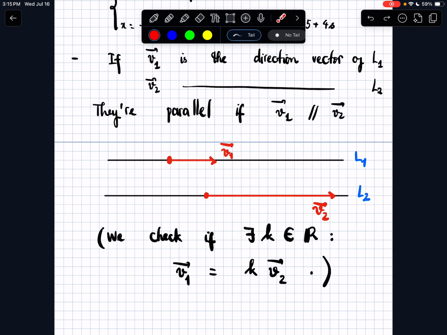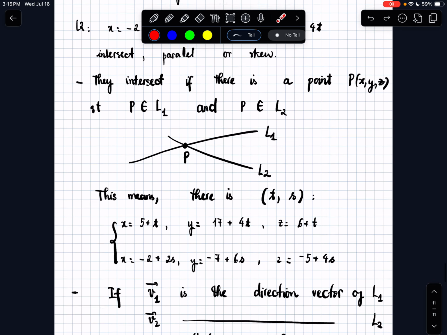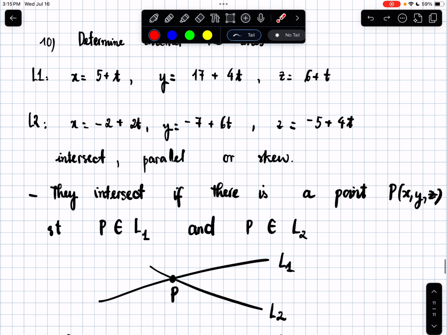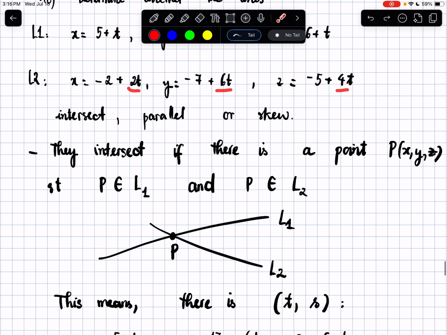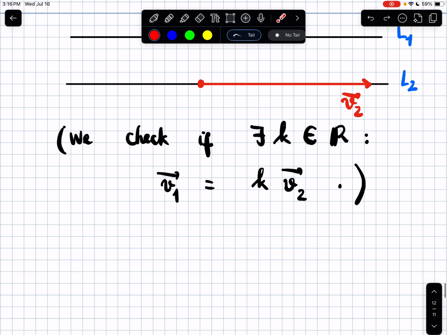Vectors V1 and V2 can be obtained from the equations of L1 and L2, using the coefficients of the parameter. So V1 in this case is 1, 4, 1, and V2 is 2, 6, 4. And yes, that's how we check they are parallel.